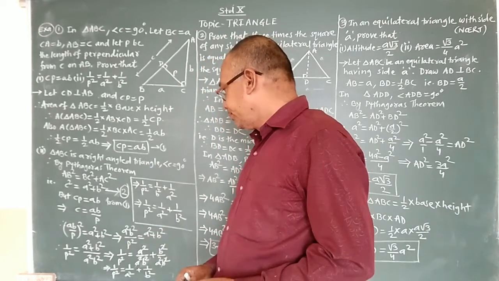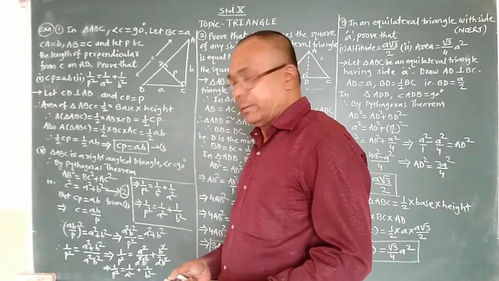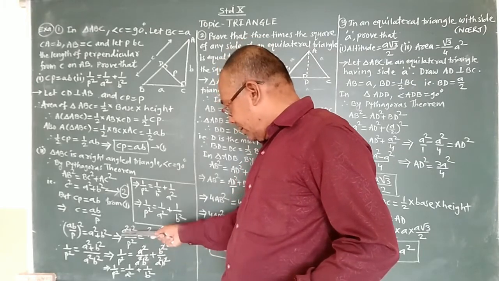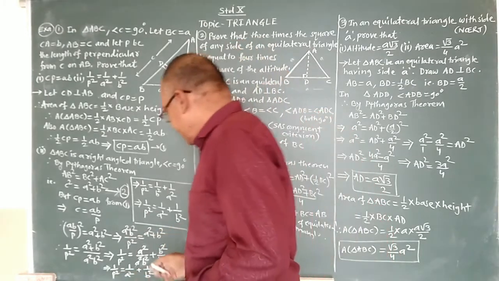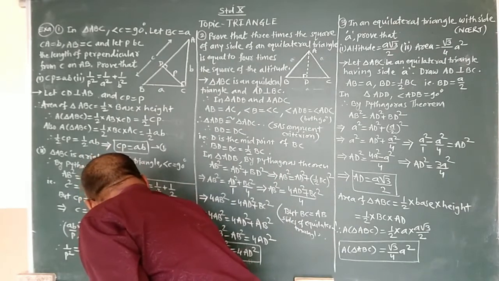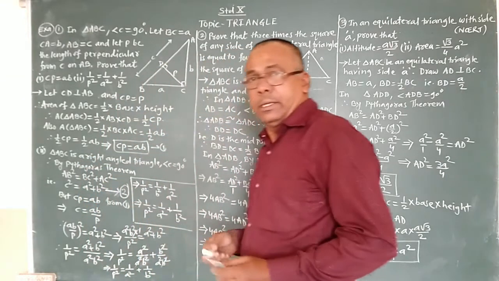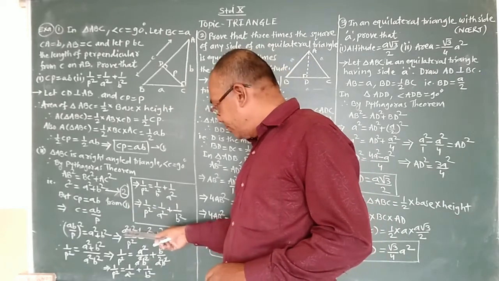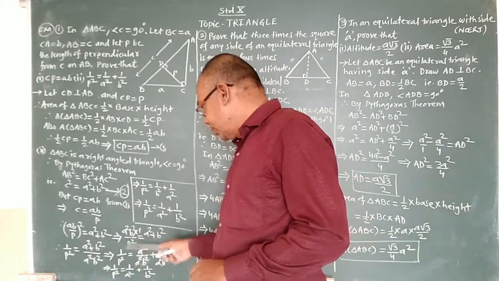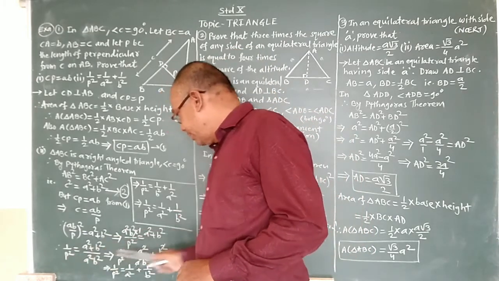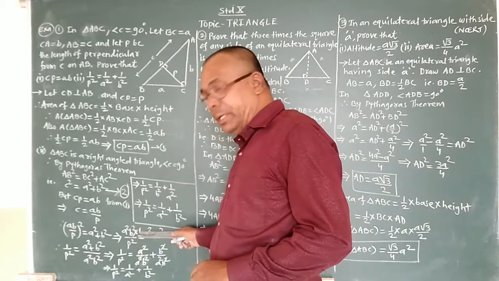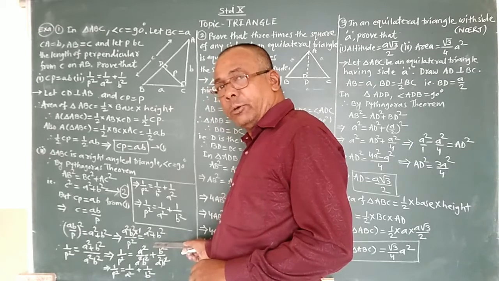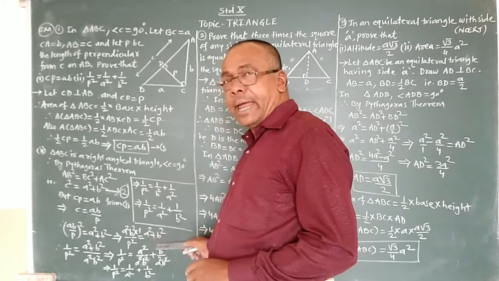Now we multiply by 1 upon a square b square on both sides, so a square b square will divide at the other side. We will get 1 upon p square, and a square b square will go to the denominator of the term at the right hand side.